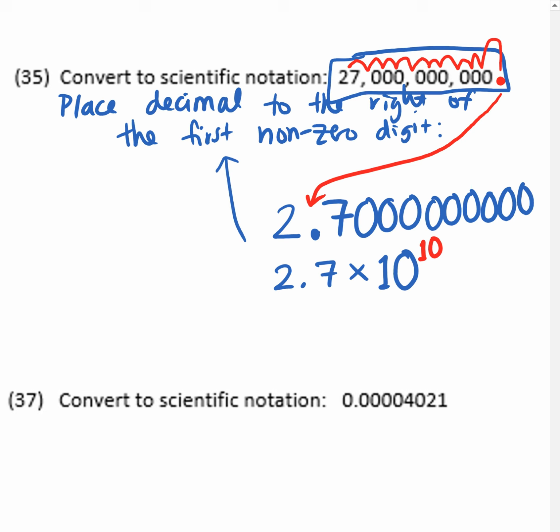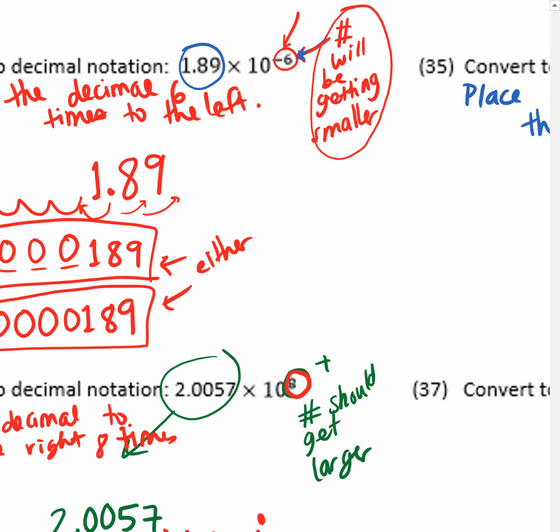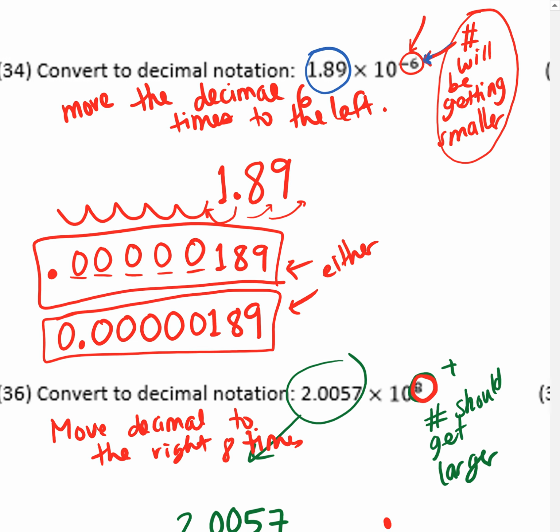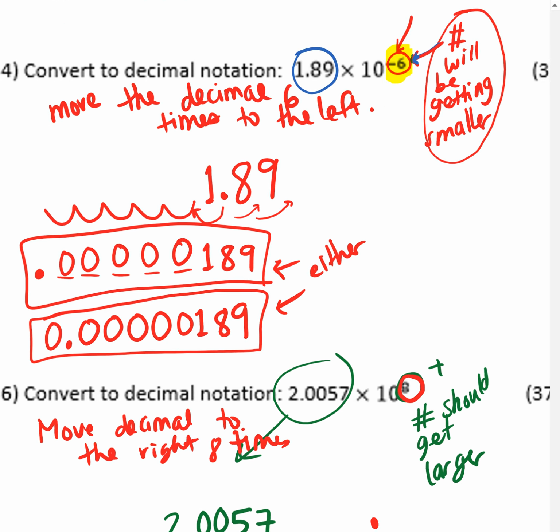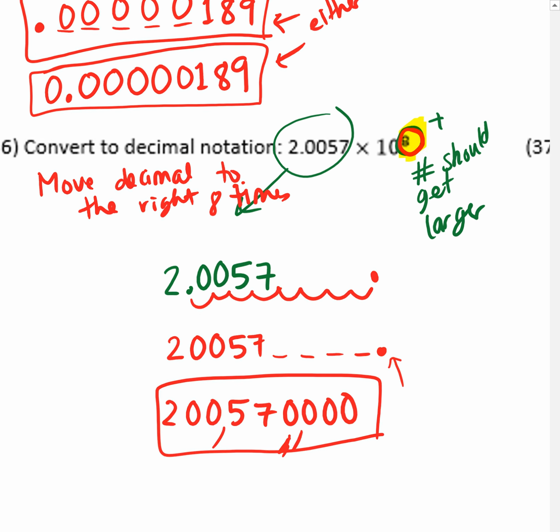And the very last step would be, now decide, is that exponent going to be positive or negative? Remember what we said in numbers 34 and 36. In number 34 we saw a negative exponent, which means we're dealing with a really small number. But in number 36 you had a positive exponent, so you'd be dealing with a large number.